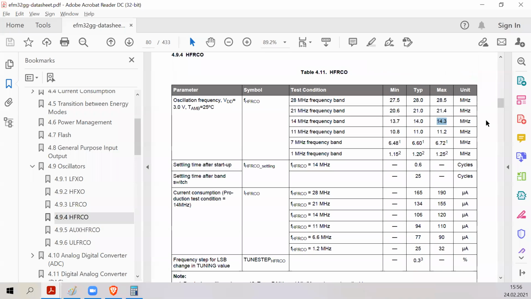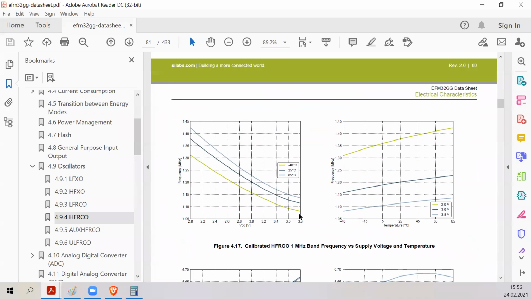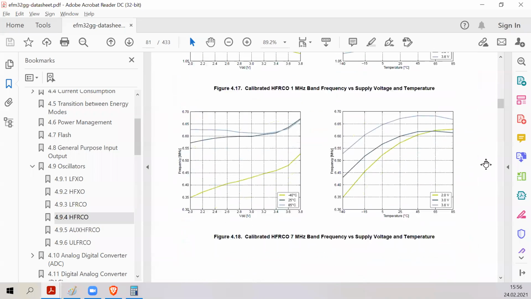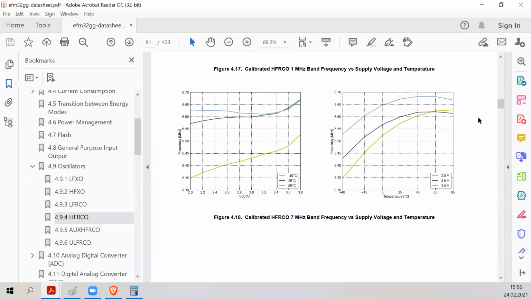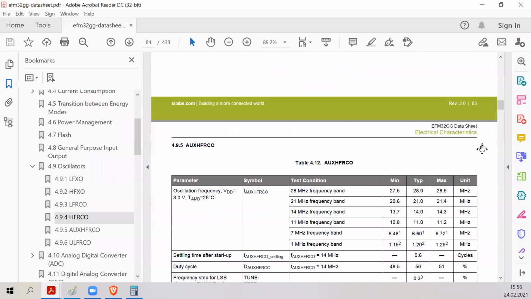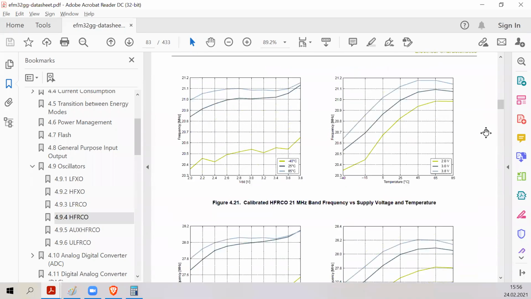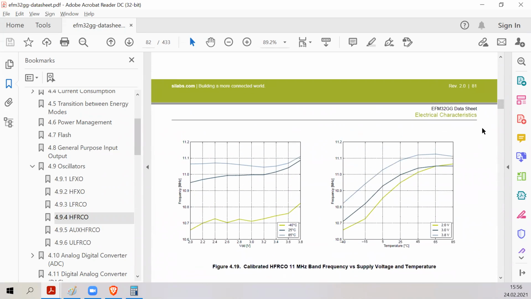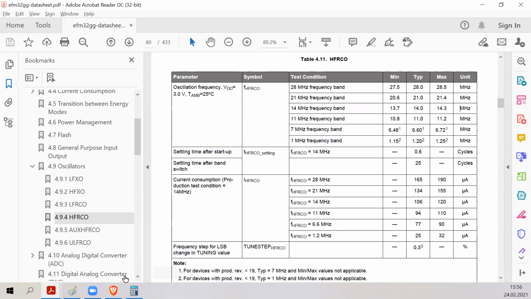External crystals are much more precise. Of course, this thing is also very temperature and voltage dependent. So you can use it, but just not for very precise things. But usually it's sufficient. Usually people use the internal oscillator for high frequency and the external oscillator for low frequency tasks.